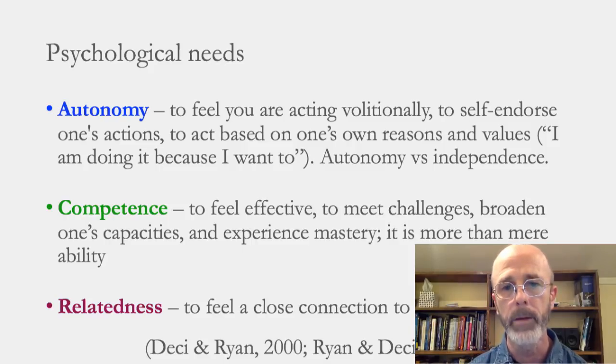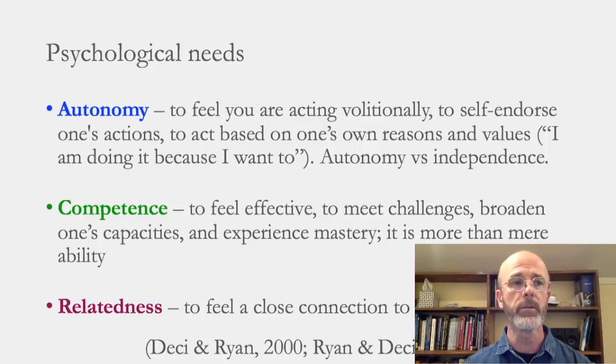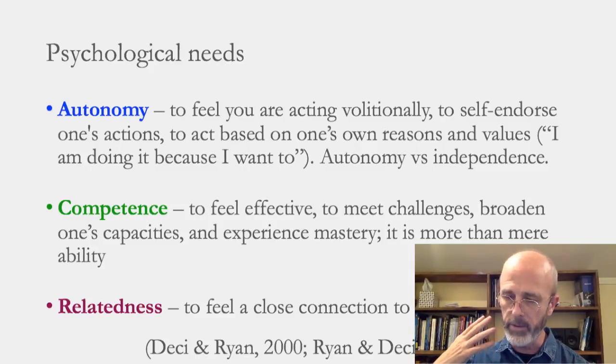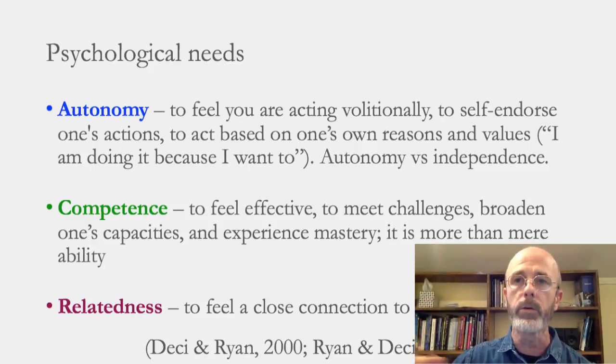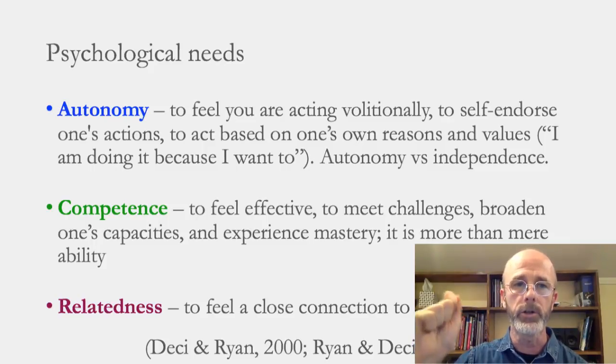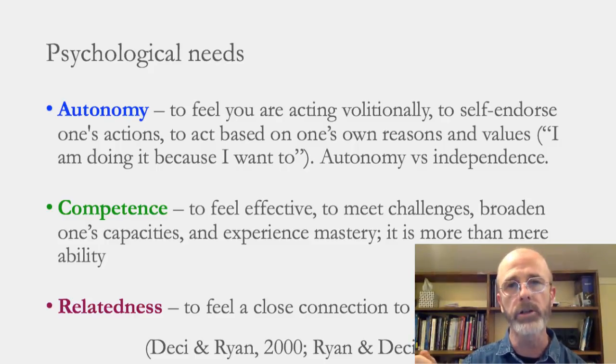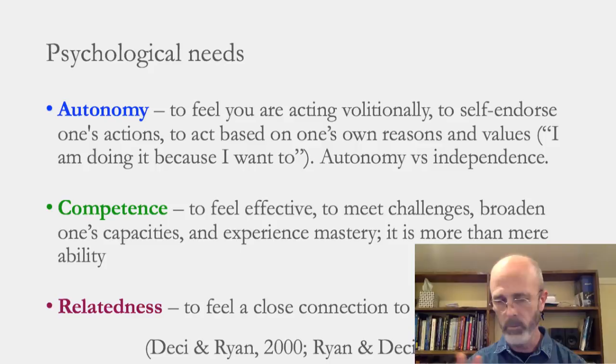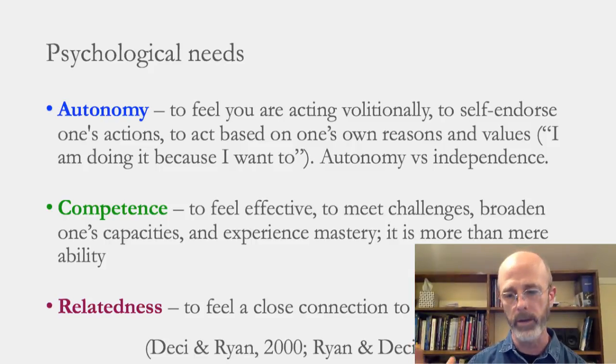Okay. All right, so let's start with the first need, the need to feel autonomous, the need for autonomy. And that just basically means that I feel that I have choice, that the things that I do are things that I freely choose to do, that I want to do, and that I do without any feeling of external pressure. Okay? Just as a matter of clarification of terms, when we say autonomy, we're not talking about independence, right?